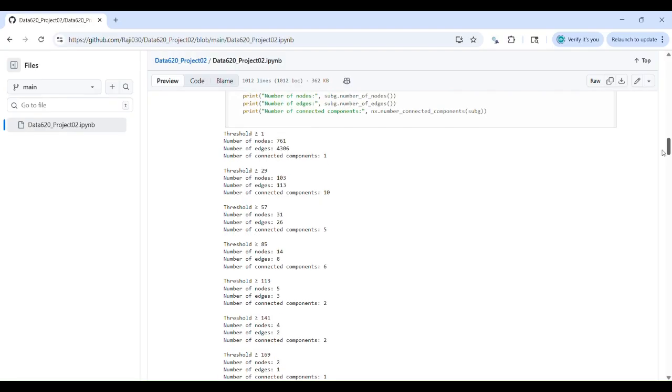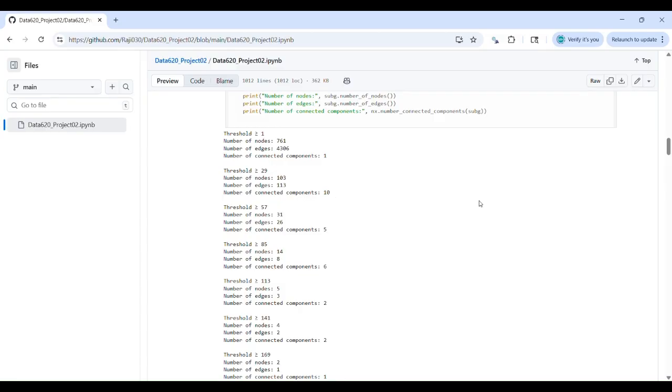For example, at a threshold equal to or greater than 29, we got 103 nodes and 113 edges, and also the number of components here is 10.